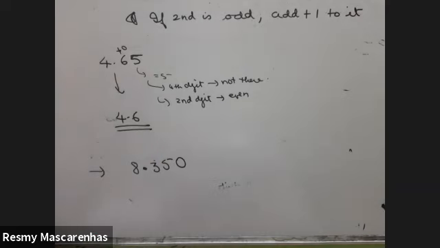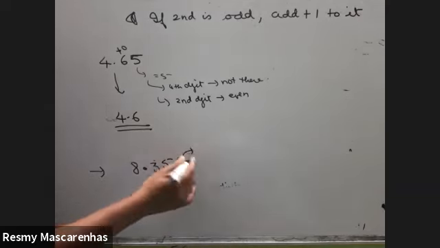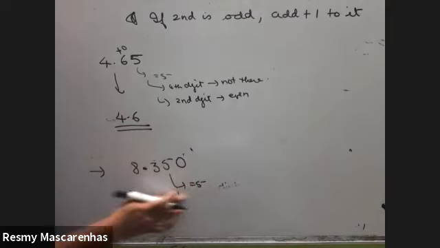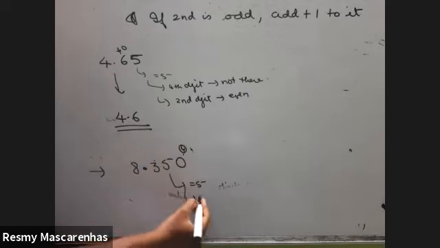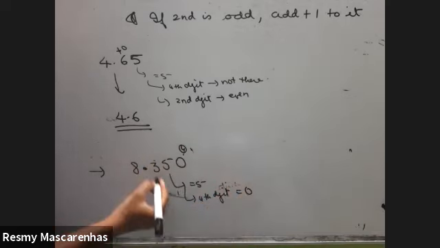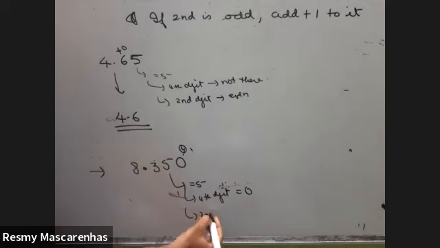Can anyone tell me the answer? 8.4. How much? 8.4. Yes, 8.4. Because this is equal to 5, so we have to check the fourth digit. The fourth digit is 0, so we have to check the second digit.